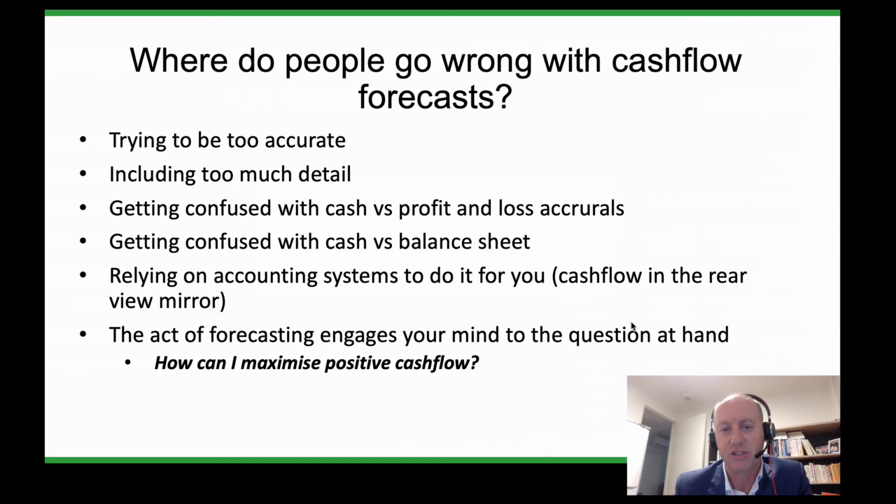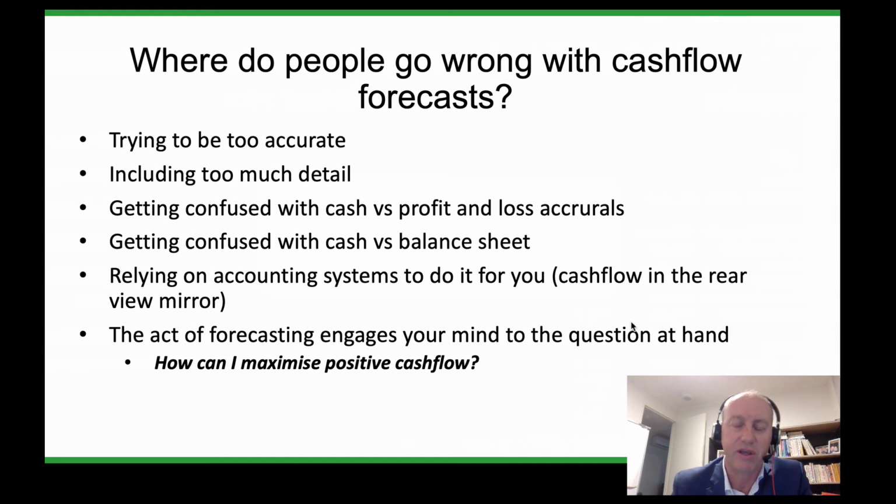Further, I think that businesses often get confused around cash versus profit and loss in accrual sense. An accrual sense takes into account payment terms. What you really want to be just looking at is only the cash movement, and same as far as balance sheet is concerned. So if you're buying something that's going on the balance sheet, only think about the cash impact here.